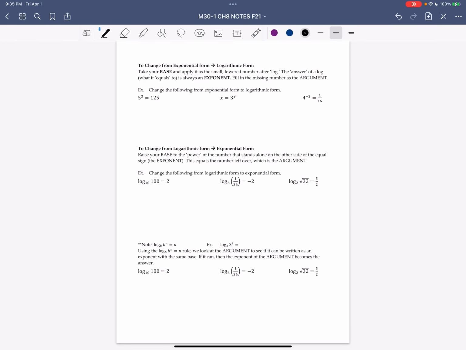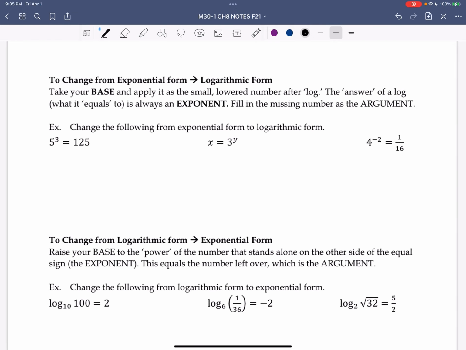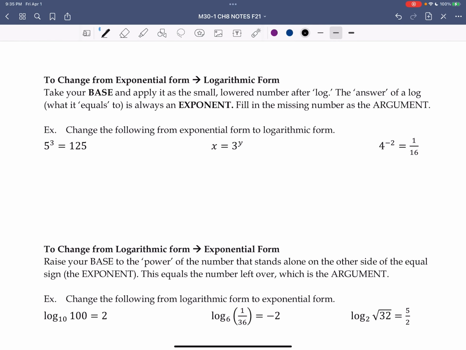To change from exponential form to logarithmic form, take your base and apply it as the small lowered number after the log. The answer of a log, or what it equals to, is always an exponent. Then fill in the missing number as the argument. Example, change the following from exponential form to logarithmic form. So in exponential form, we have a base of 5.